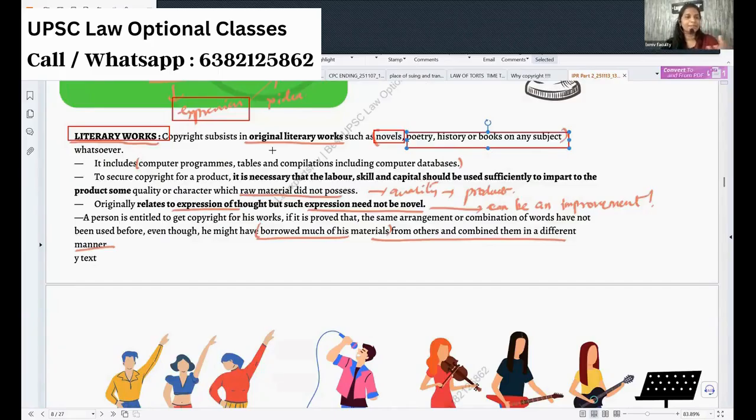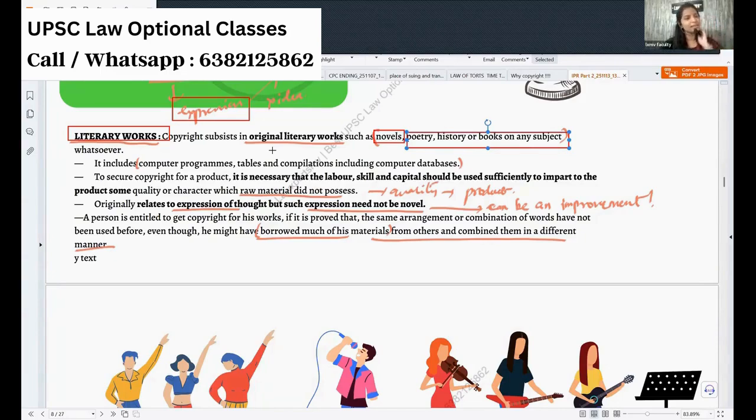That's what I'm explaining to you: it must be some original literary work. Examples are novels, poetry, history books, any books for that matter. And it also includes computer programs and things like compilations, data analysis, and everything will be your literary work.